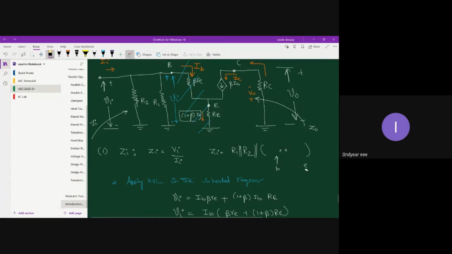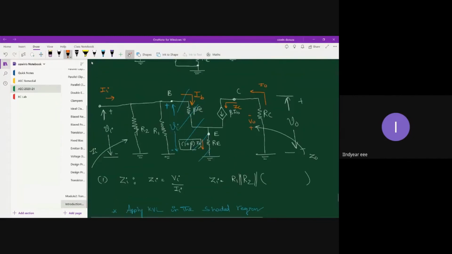Once you have that, let me erase this. Let me do it neatly so that you will be able to follow.